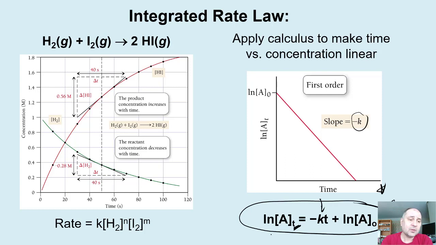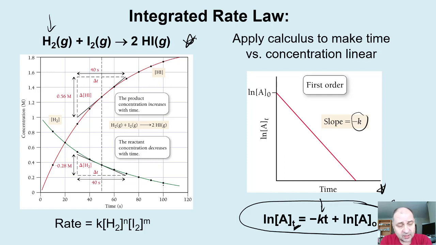And the reason I have this over here on the left is for a couple of reasons. This is an example of what real life data would look like. Here we have a lot plotted. In green we have one of the reagents and the concentration with respect to time, and we can see that the rate, as it decreases, changes slowly, becomes smaller and smaller as time proceeds, so that rate is constantly changing.